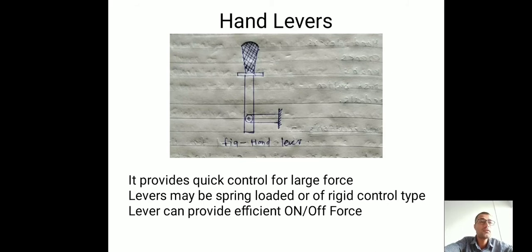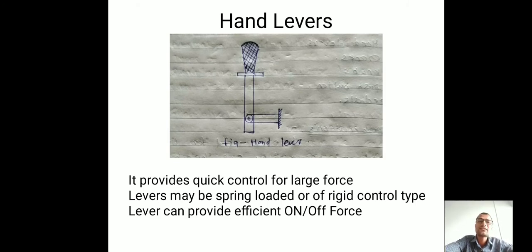If we release the force, that hand lever changes its position. Means in a very simple manner it will work. It will provide only on-off force. If we operate it, the lever will be in active position. Again, if we operate the hand lever, it will be in off position.